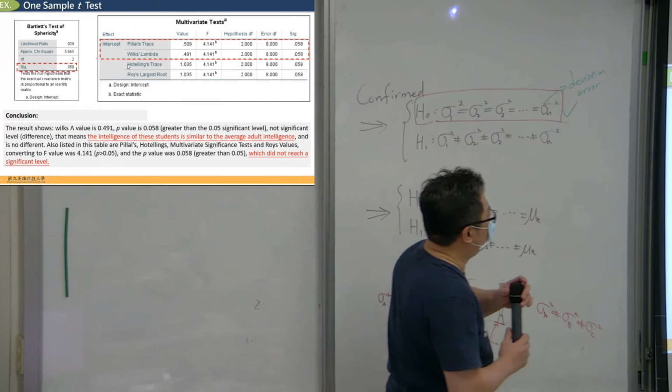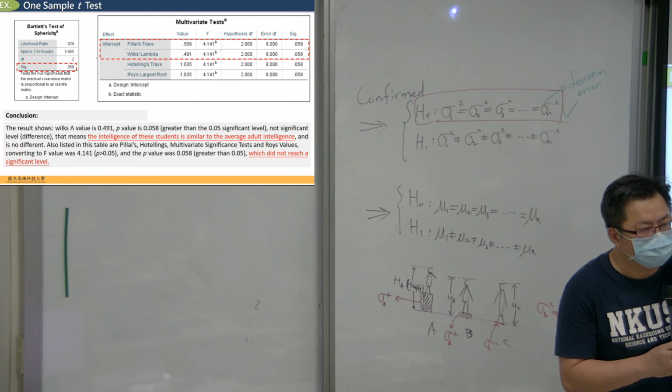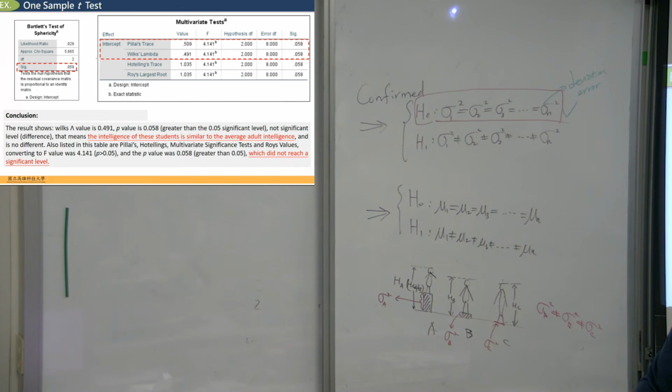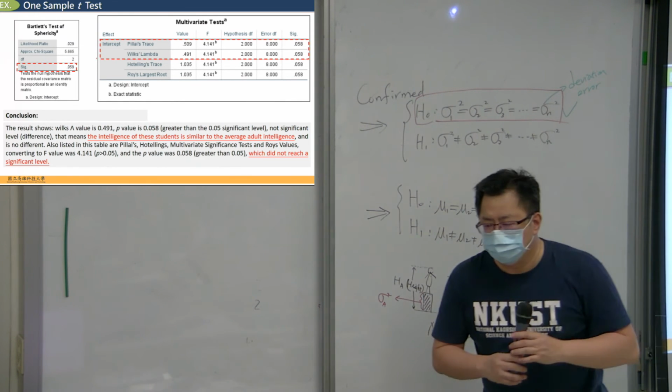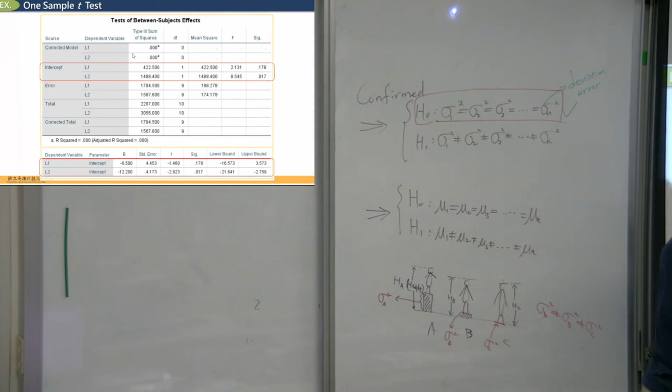this table considers two scales together. But if we separate into two analyses, L2 is significantly different. What do you mean?